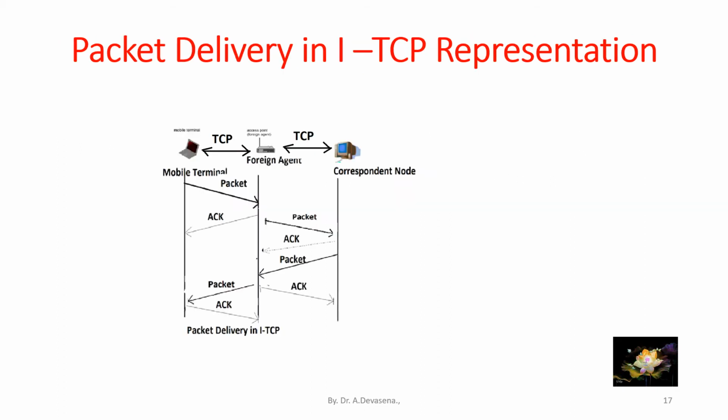Packet delivery in I-TCP representation is shown below. Here we are having mobile terminal, foreign agent, correspondent node. In between that, packets is being delivered. This is indicated here.